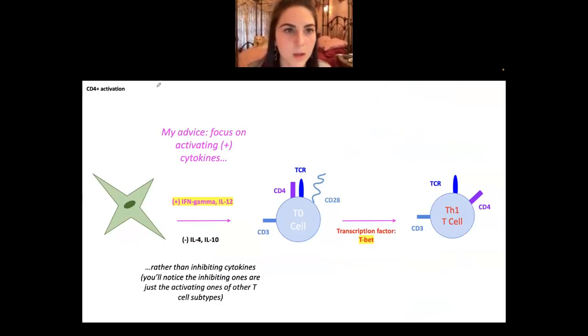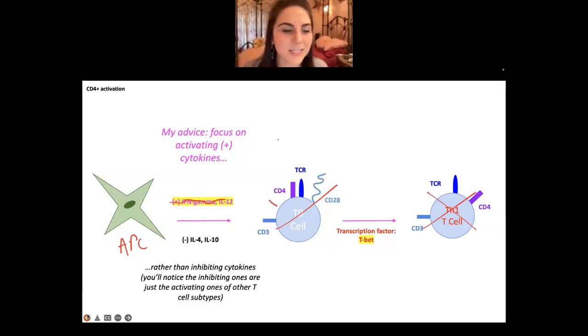Okay. So my advice with this is to try and focus. There are activating cytokines and then inhibiting cytokines. This basically means if this APC secretes these, it's going to turn into this. Or if it's secreting these, it's not going to turn into this.